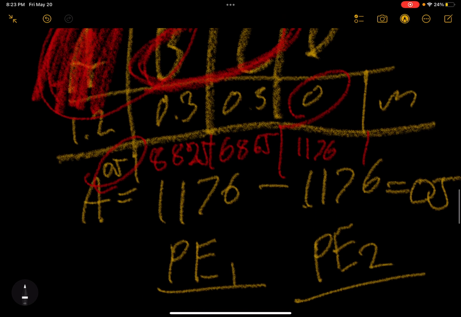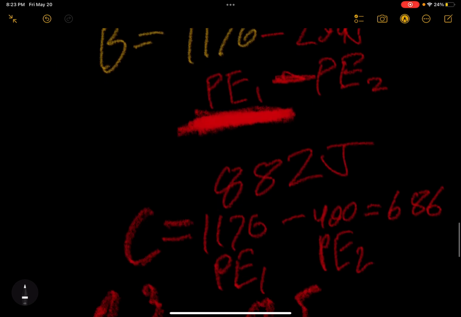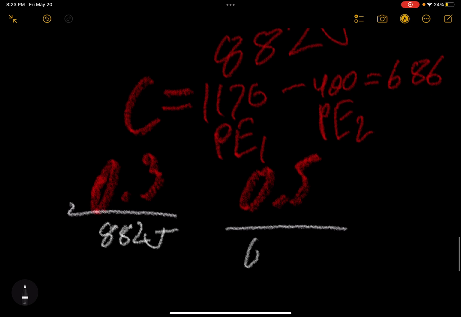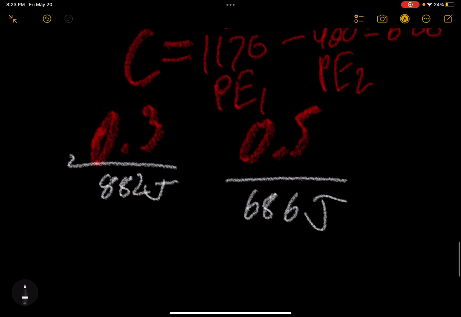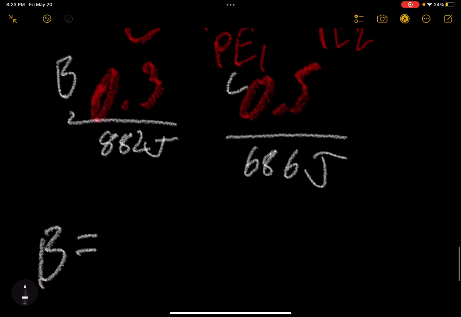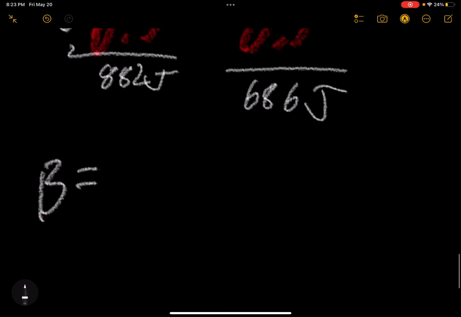I'm just taking a look at the joules. 882 joules. And then C, 686 joules. So now, let's start with B. This is B, if you haven't already known. And this is C. B equals, let's take a look. If you plug this in to the formula, this is kinetic energy.